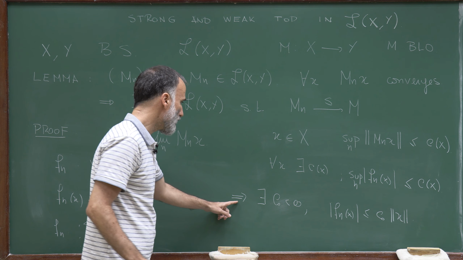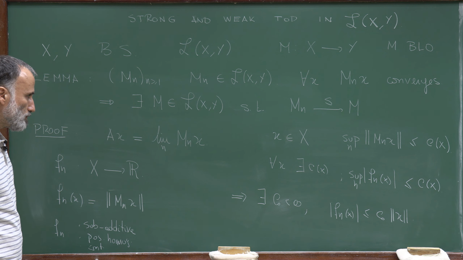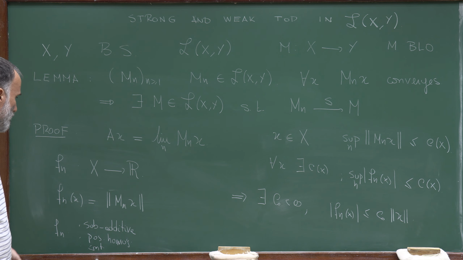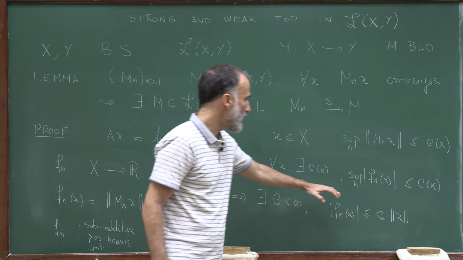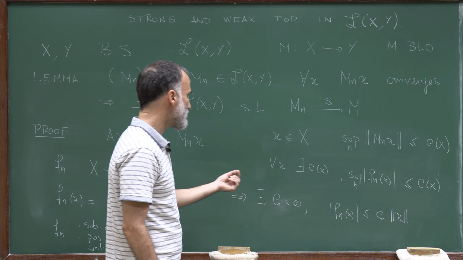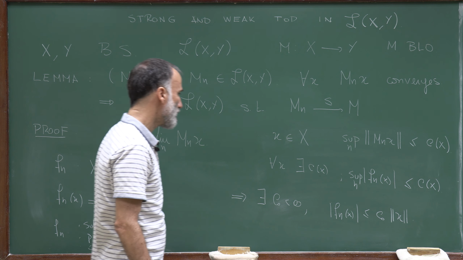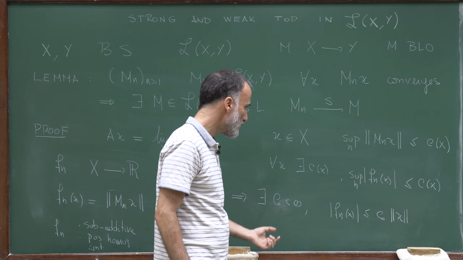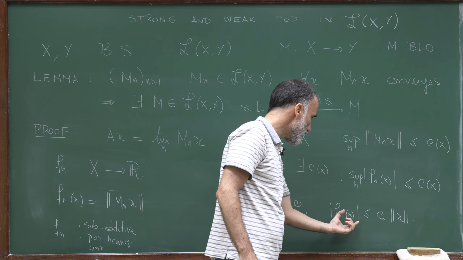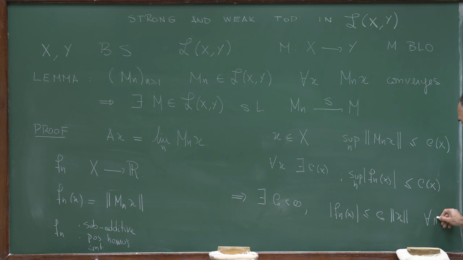So this is a theorem which we proved in the previous lecture, saying that if we have a sequence of functions satisfying these three conditions and bounded pointwise, then we can find a finite constant C0 such that fn x is bounded by C0 times the norm of x for all n.